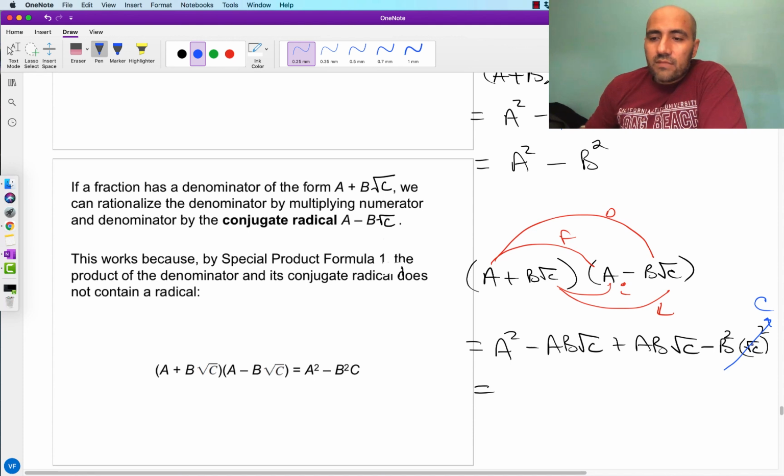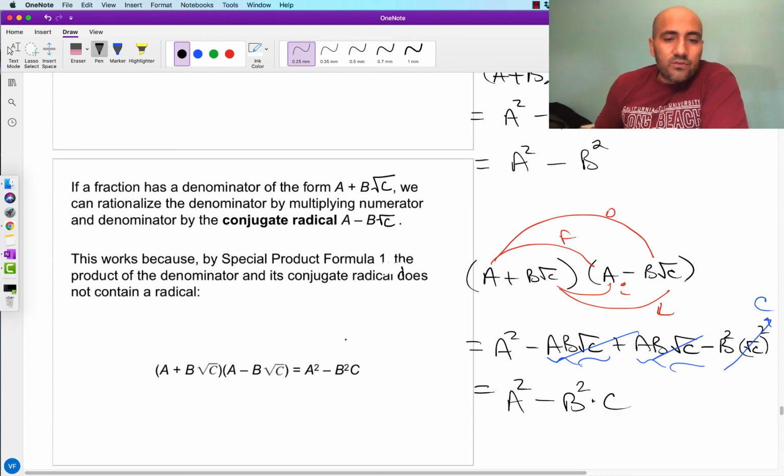At least that gets rid of the root part of it. Square root of c squared is just c. And then these two terms, we have a copy of minus ab root c plus ab root c. So these guys just cancel out, and what we have left over after that whole FOILing is going to be a squared minus b squared times c, right?